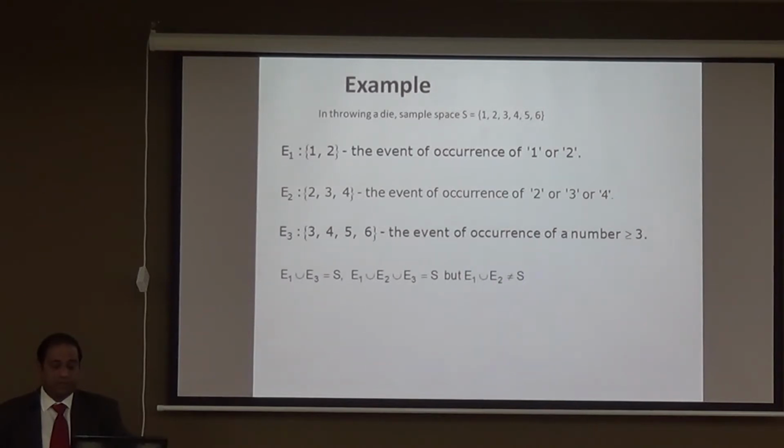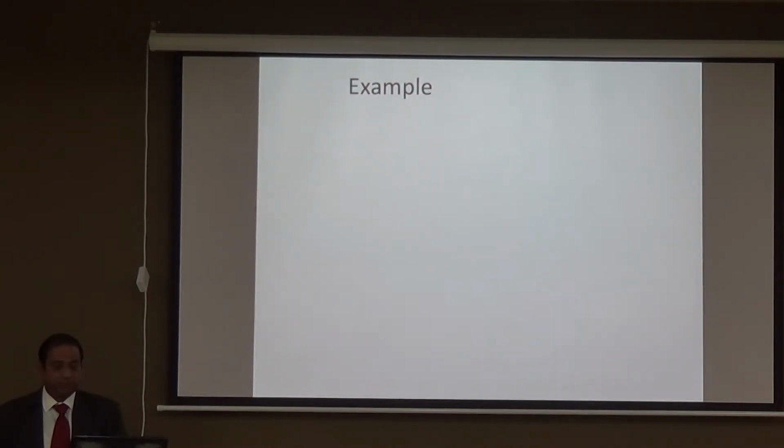We observe here, E1 union E3 completes the sample space, and E1 union E2 union E3 also completes the sample space. So these are exhaustive events. But we will find here, E1 union E2 is not equal to the sample space. So combining E1 and E2 will not be exhaustive events.